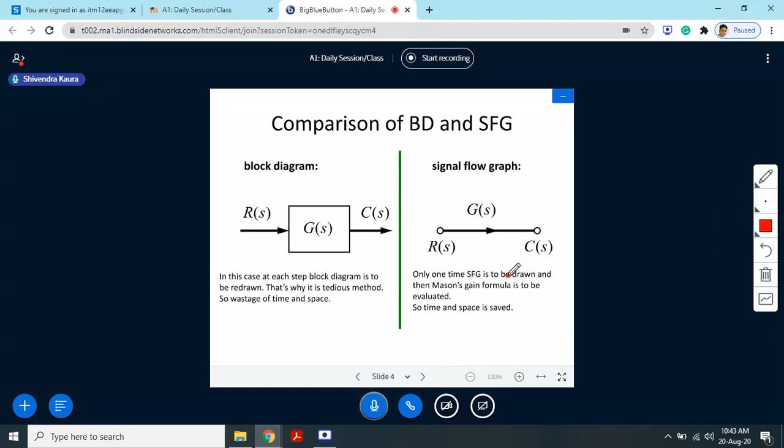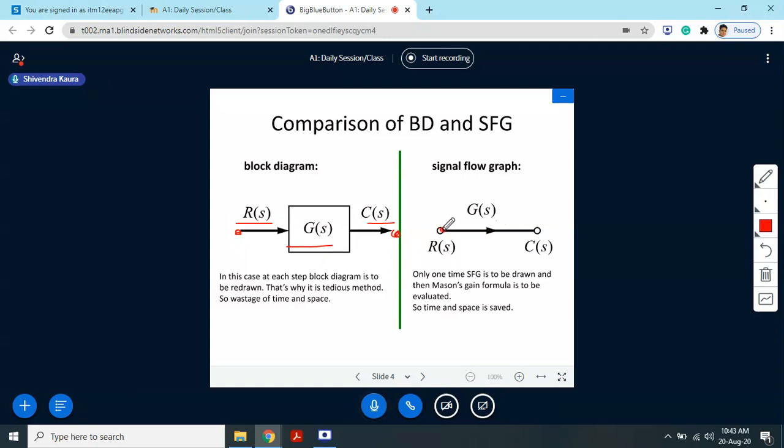See, this is a simple example of a block diagram to signal flow graph conversion. Let's say it's an open loop system having a forward path gain G(s), output at C(s), and input at R(s). It will be converted in the form of a node for your input, a node for your output, and there will be an admittance, or we can say gain, in between them.